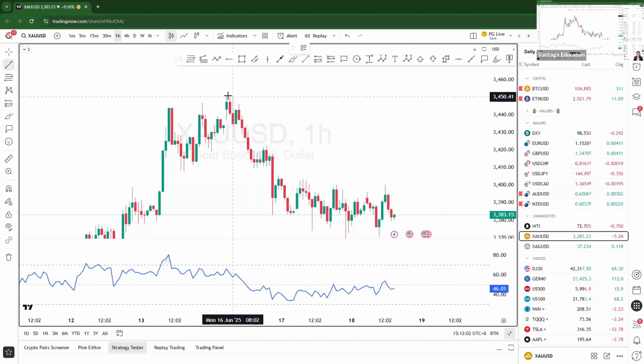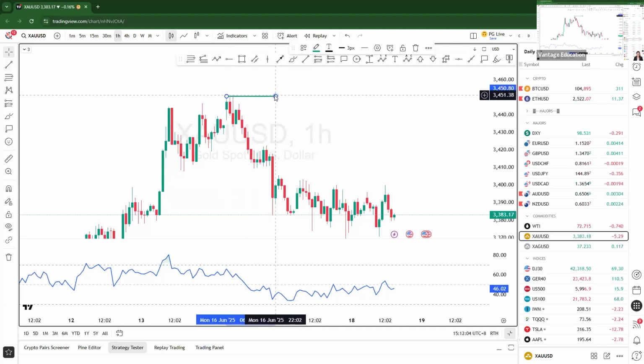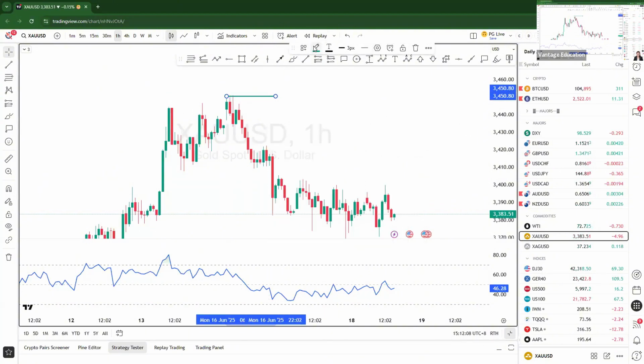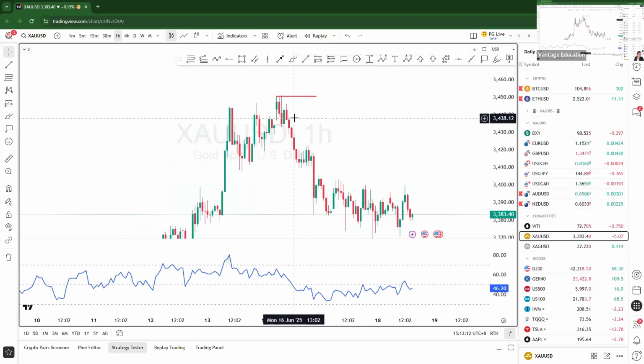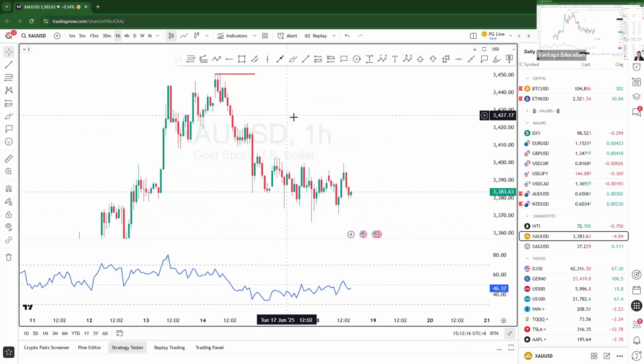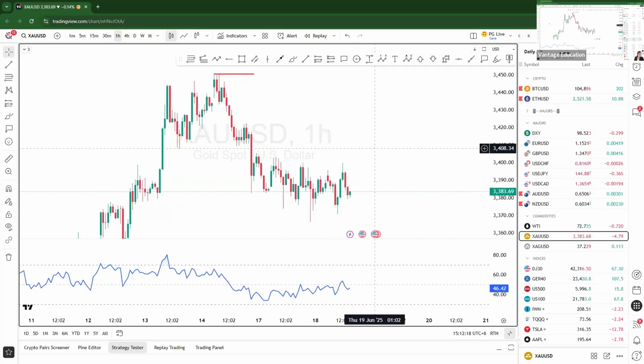Do you think this is your key resistance level? Anyone want to answer? Don't worry, I'm not going to call your name out if you answer wrong or right.